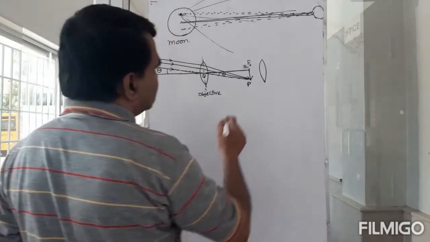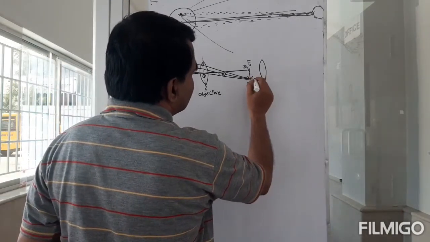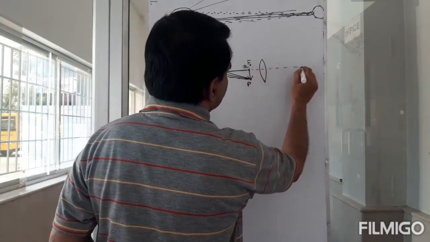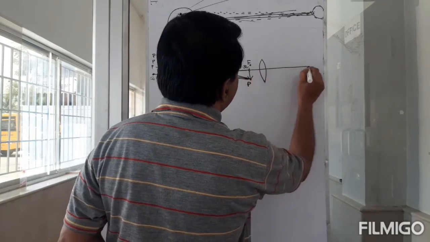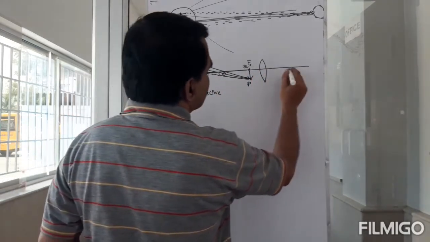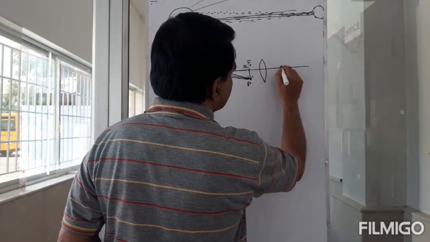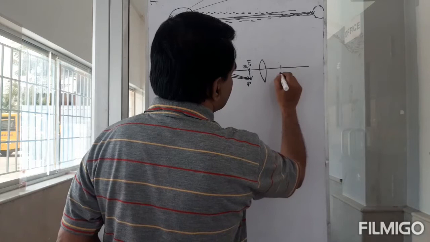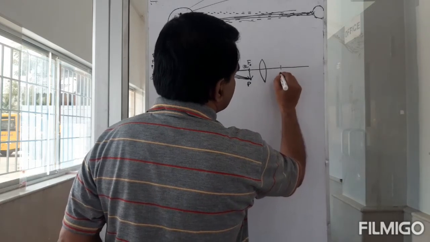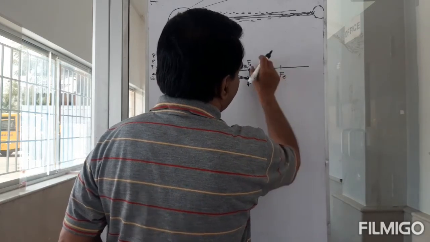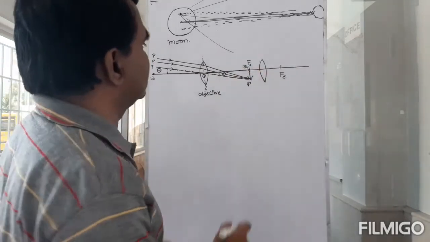Now look at this. So now what can happen? So this lens, let's say this is probably the focal point of this lens. This is the eyepiece.